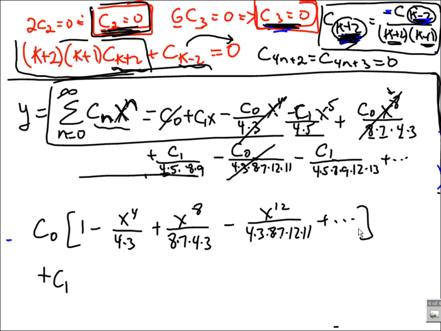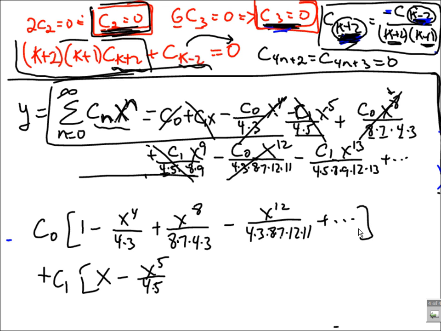plus the C sub 1. C sub 1 times x minus C1 x to the 5th over 4 times 5 plus, now this should be x to the 9, this should be x to the 12 and this should be x to the 13.